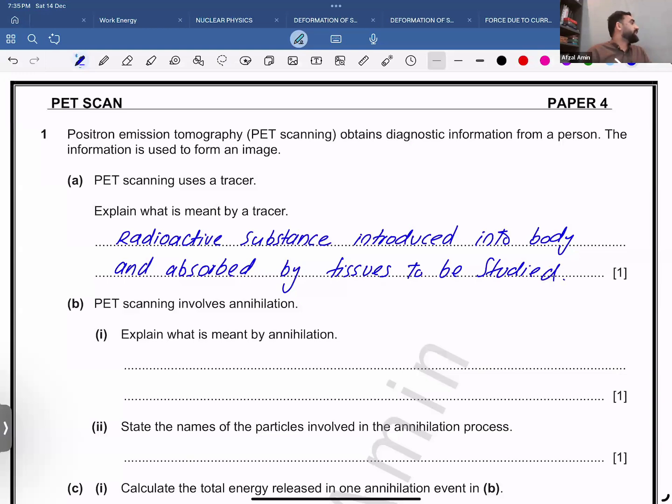Radioactive substance which is introduced into body and absorbed by the tissues to be studied.